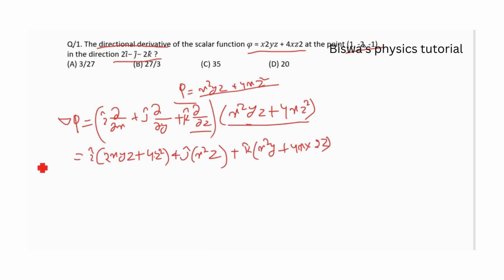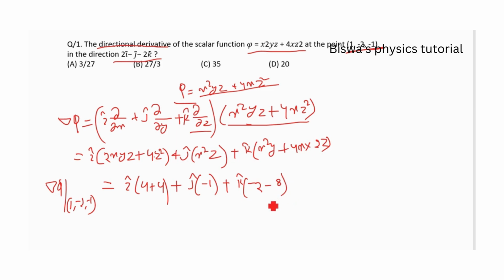We have to find grad phi at the point (1, -2, -1). Put the x, y, z values. For i cap we get 4 plus 4, for j cap we get minus 1, and for k cap, x square is 1, and 2 into... it's minus 2 minus 8.